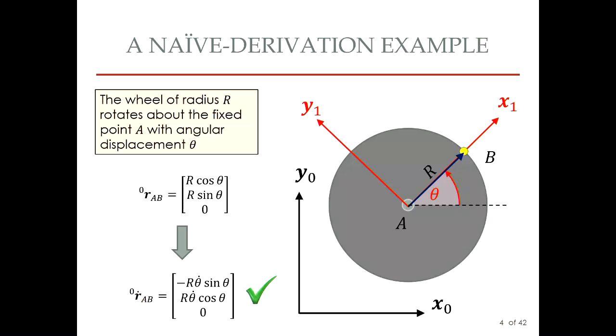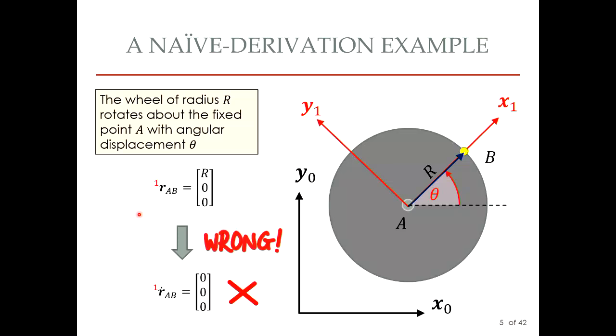This dot means this is the derivative in time, or the actual change over time of this vector RAB, and this is fine. However, if we attempt to do the same in a moving or non-inertial coordinate system, like 1, we are getting something wrong, and we need to resolve that issue.